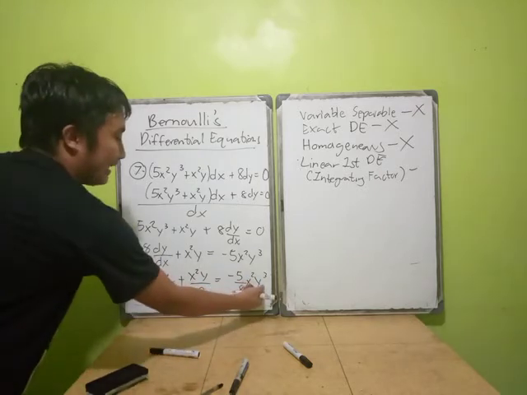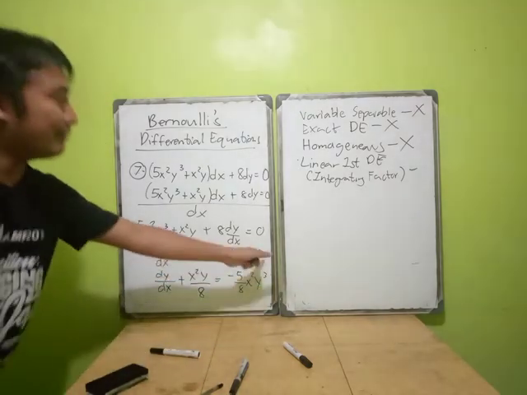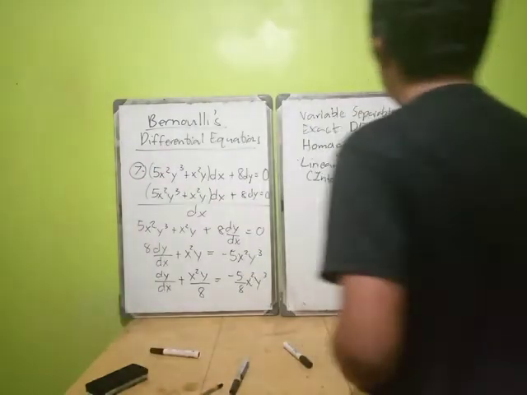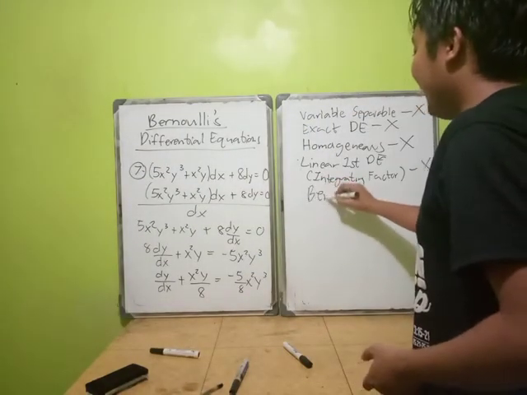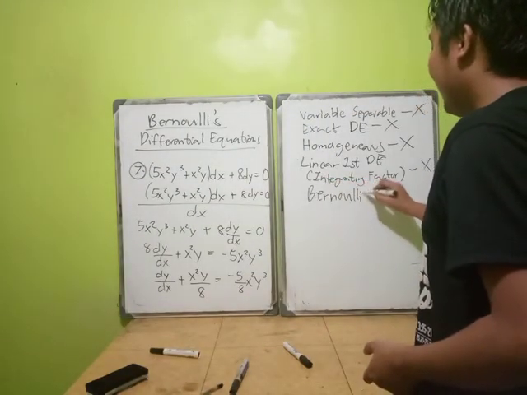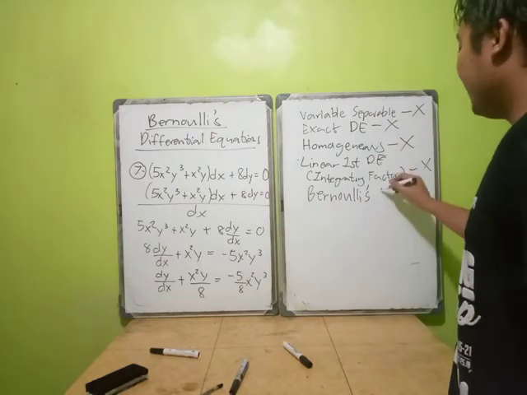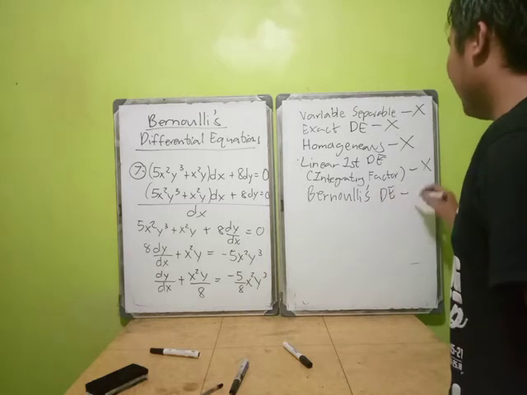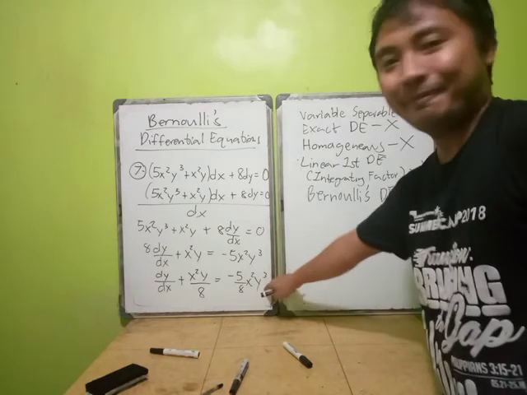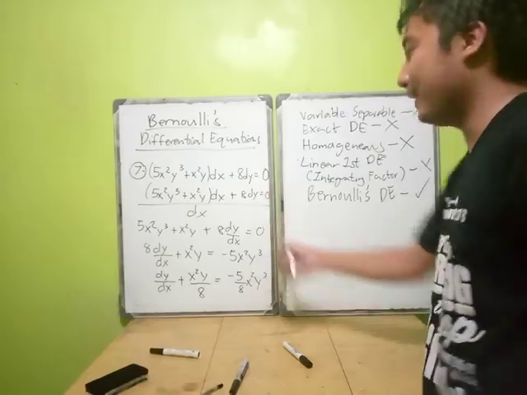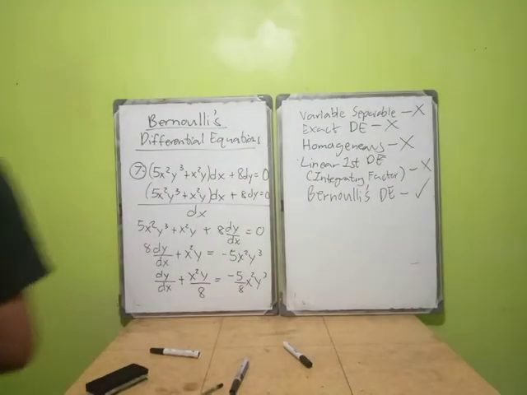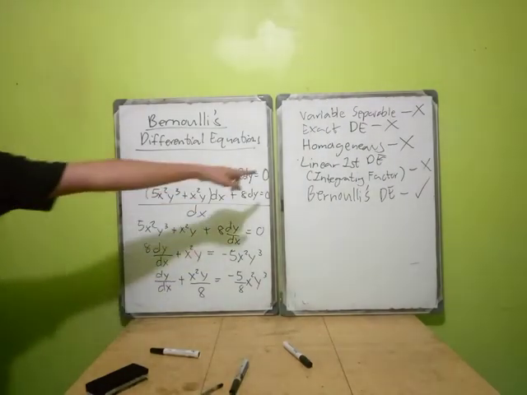Kaya lang may katambal na y to the power of n. So, hindi siya linear first DE. Bernoulli siya. Okay? So, konti lang yung pagkakaiba ni linear first DE tsaka ni Bernoulli's differential equation. May y to the power of n sa Bernoulli's differential equation. So, therefore, this is a Bernoulli's DE.